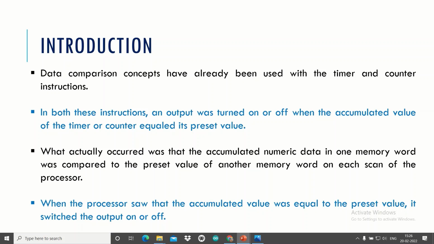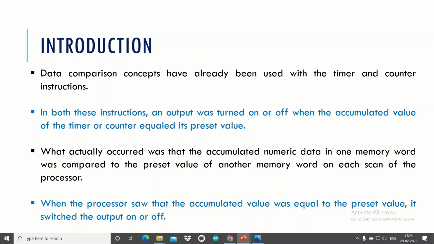Whenever this timer or counter acts, you can find that when the accumulated value is equal to the preset value, because you can well remember that we have to give some preset value and then the accumulator keeps on updating both in timer and counter, the timer used to either turn on or off.